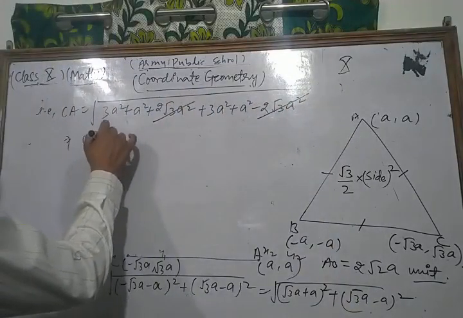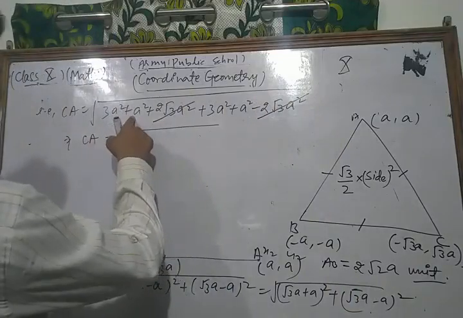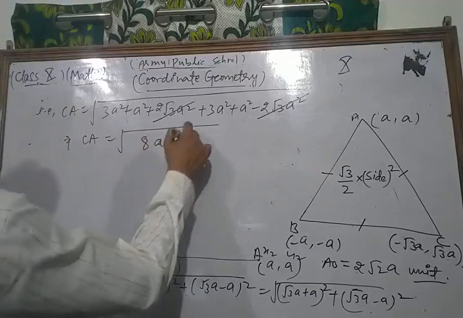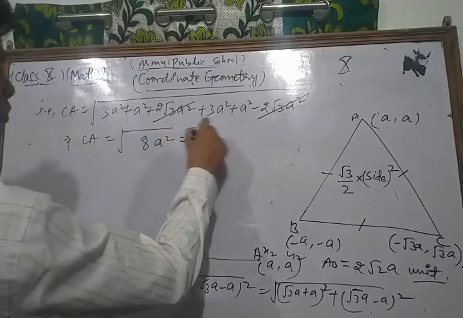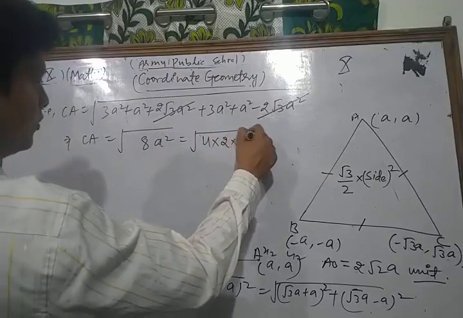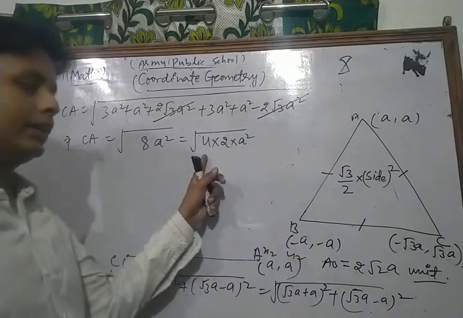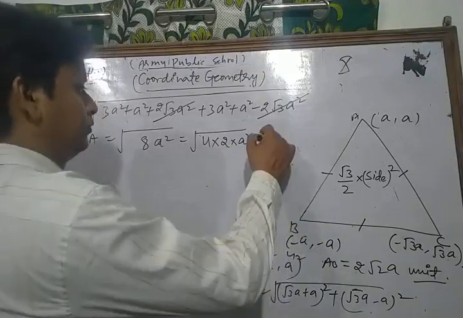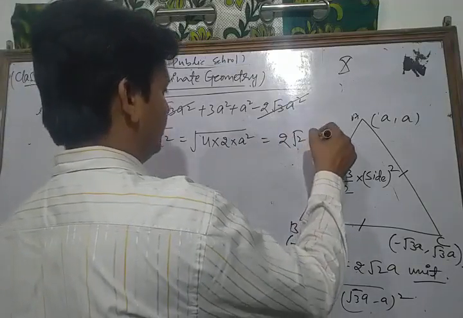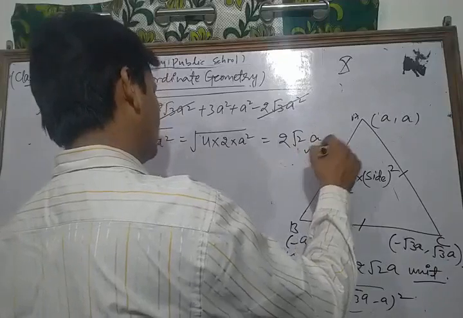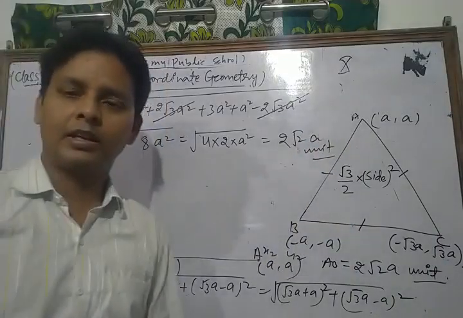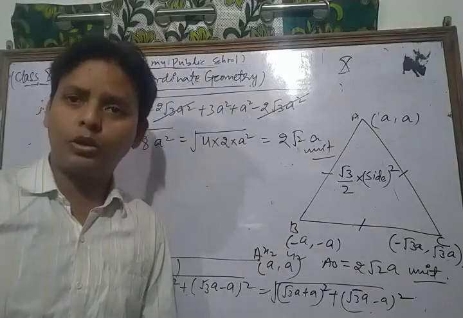So CA is equal to the root of 8a square. Now this is 4 into 2 into a square. From 4 we take 2 as common, 2 is left, and from a we take a as common. So this is also equal to 2√2a unit. In this way we find all of its lengths are equal to each other.